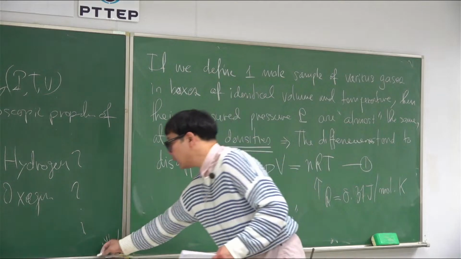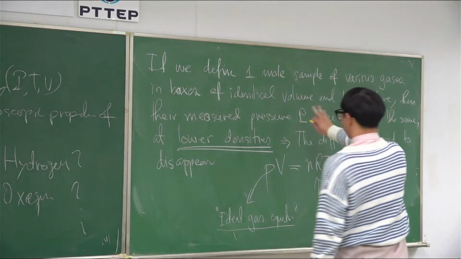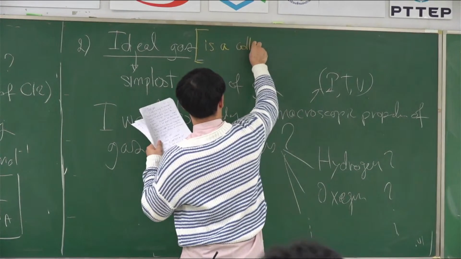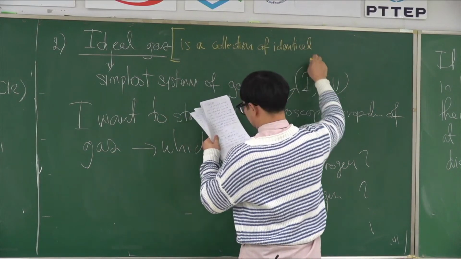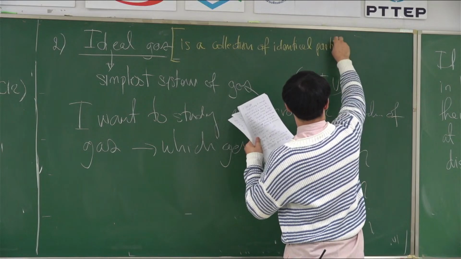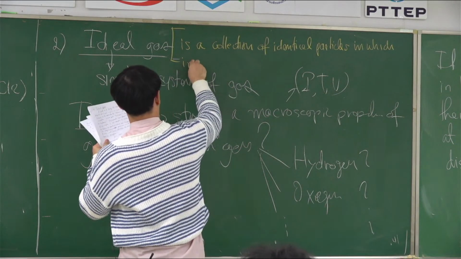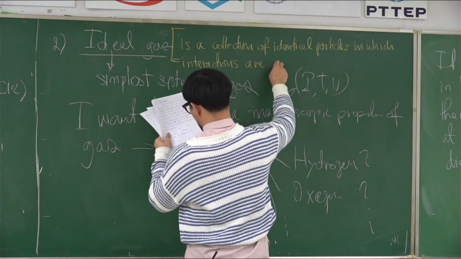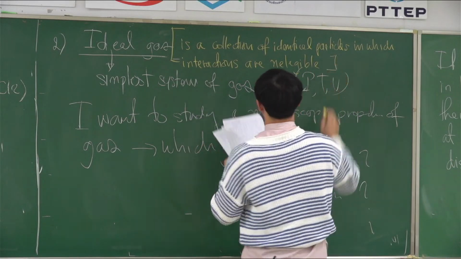So let me put a definition, because from this kind of message here, we can say that the definition of the ideal gas is a collection of identical particles in which interaction is absent.